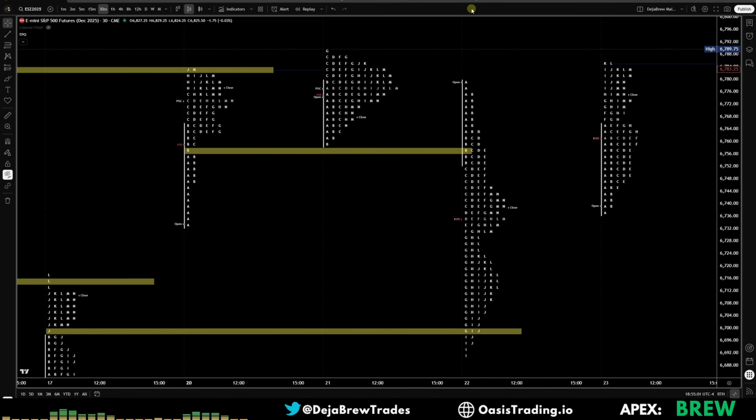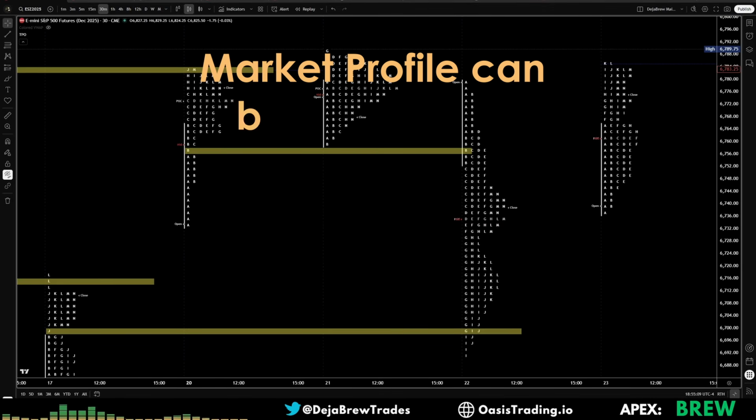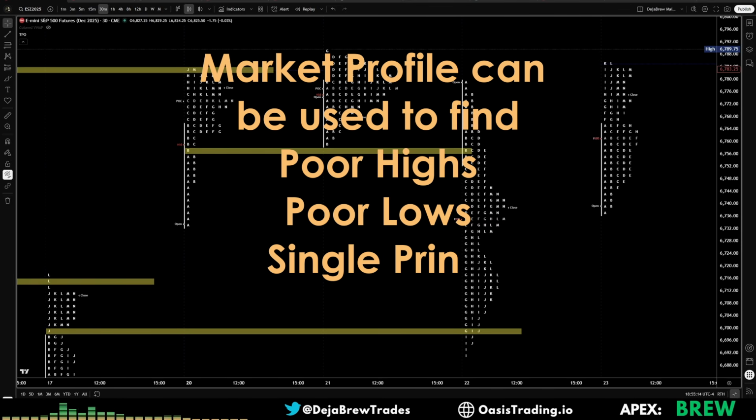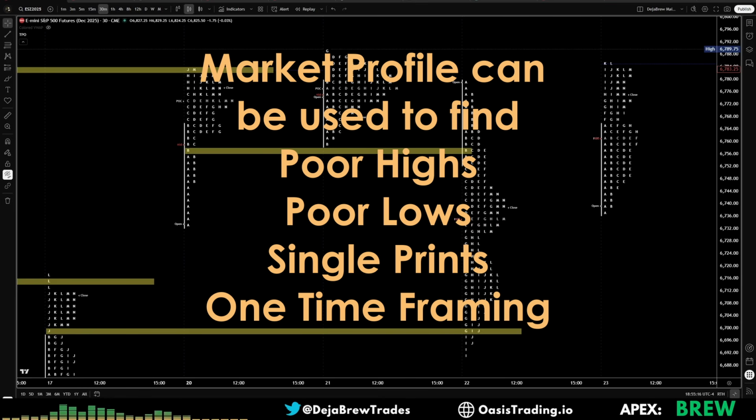A couple things it differs in is you can use market profile to find fancy things known as poor highs, poor lows, single prints. You could also use it for the initial balance, which you can find in volume profile as well, but it is typically a market profile term. And also something known as one time framing.